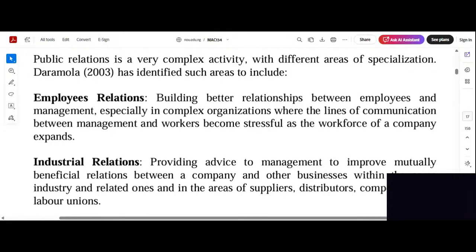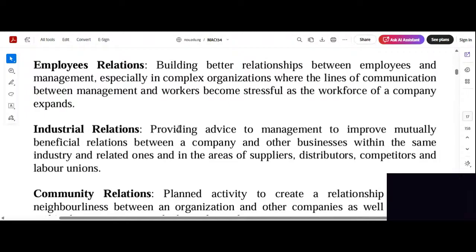The second one is industrial relations. And what do we mean by that? Providing advice to management to improve mutually beneficial relations between a company and other businesses within the same industry and related ones, and in the areas of suppliers, distributors, competitors, and labor unions.